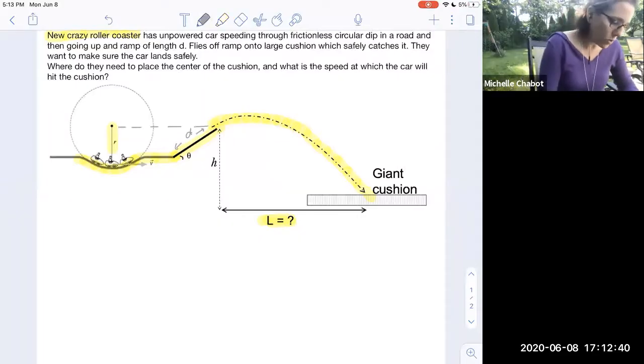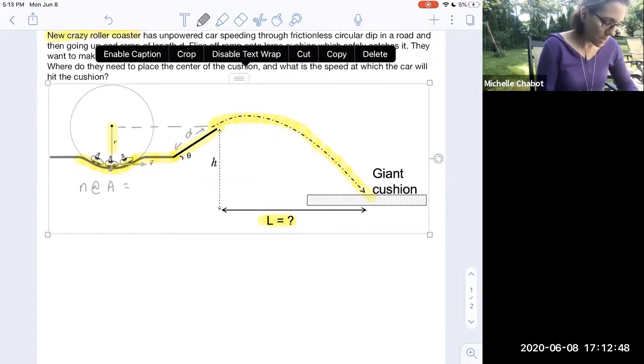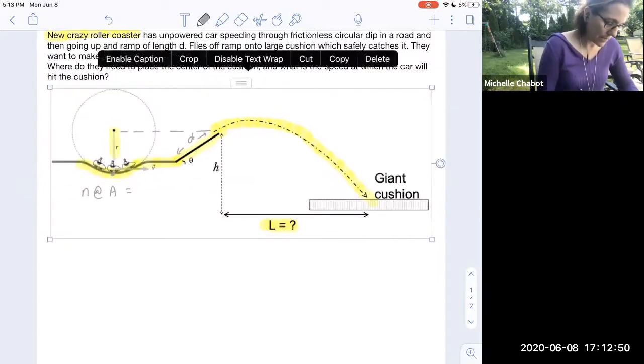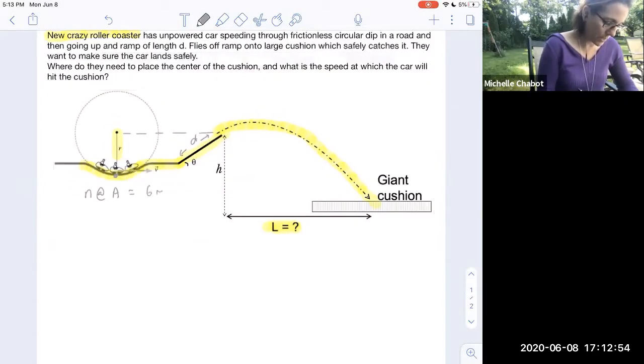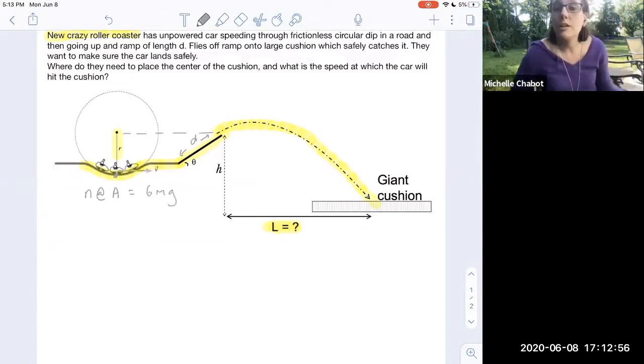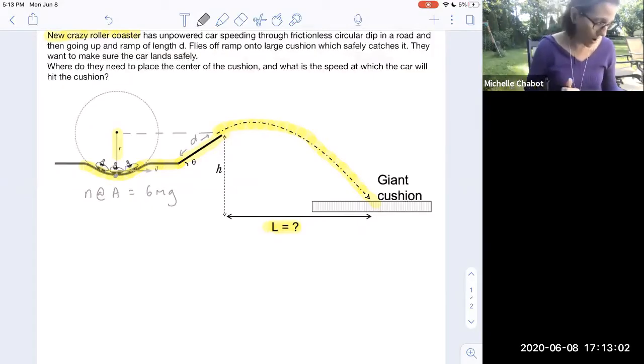So one of the pieces of information we are told is that the normal force at point A is equal to 6 mg, where m is the mass and g is the magnitude of the acceleration due to gravity.